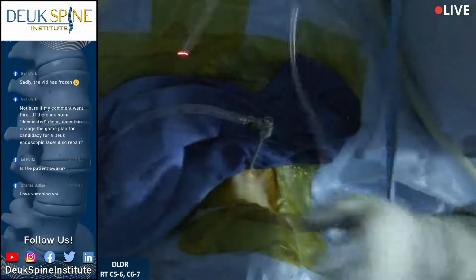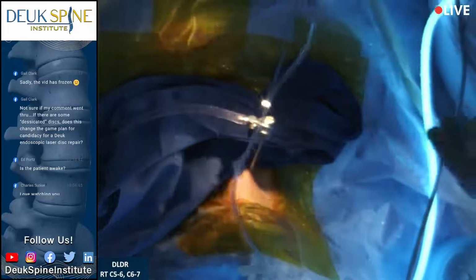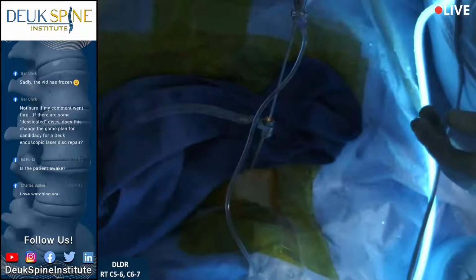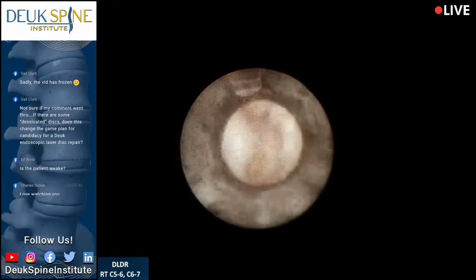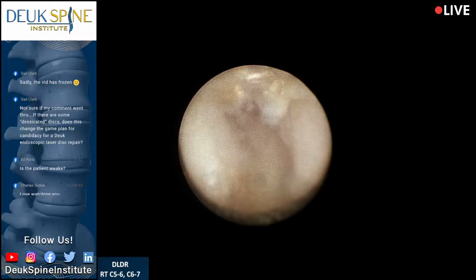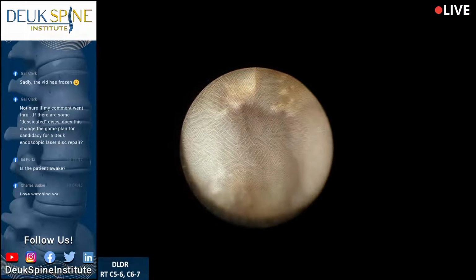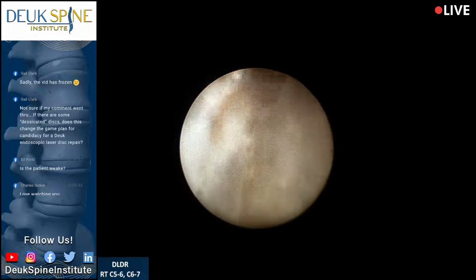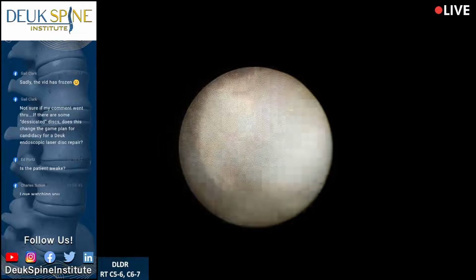Every time you lift something or engage in certain activities, you're going to keep pushing more jelly pieces out. So most herniated discs are a series of herniations occurring over time. Some of those herniated pieces are going to be older, they could be 20 years old. Some of them are going to be newer, they could be a week old. And they're going to have everything in between.